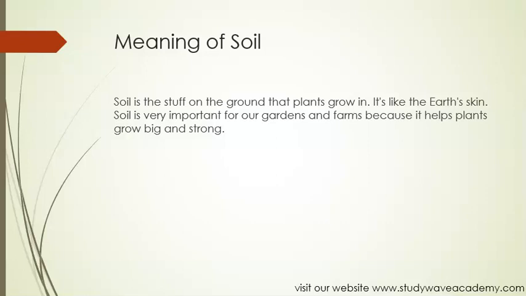Think of it as the home for plants, where they get food and water to grow big and healthy. Soil is like a cozy place for plants in nature's garden. Soil is the uppermost part of the earth.